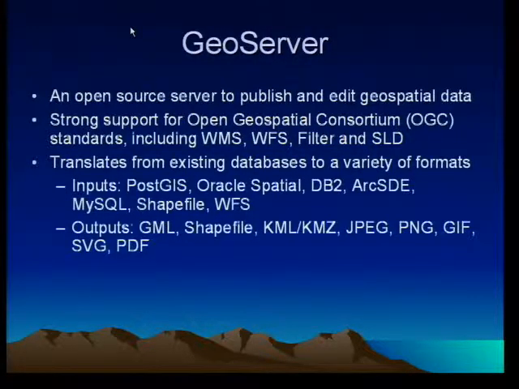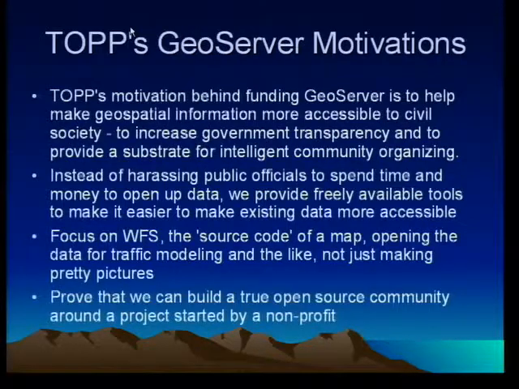We'll read your formats and put it out on the broader geospatial web, and you'll output in a bunch of different formats. There's not one huge standard format like HTML yet, but there's definitely some emerging. So we output GML, shapefiles, KML and KMZ, JPEG, PNG, GIF, SVG, PDF, and it's easy to add more formats too as stuff gets popular. We'll look into doing that.